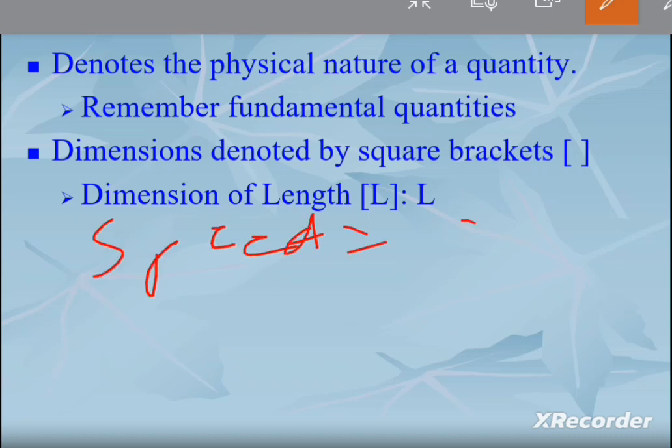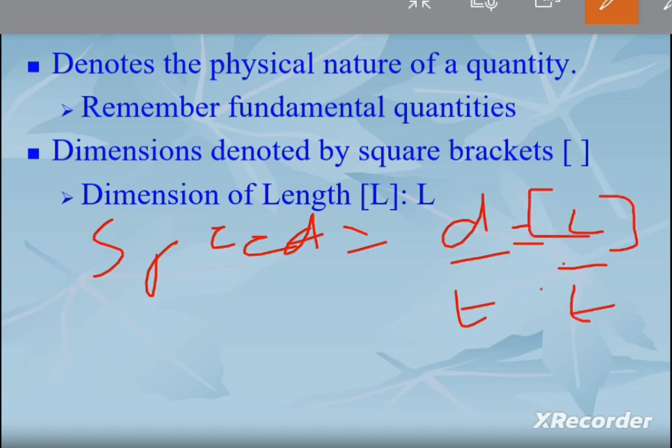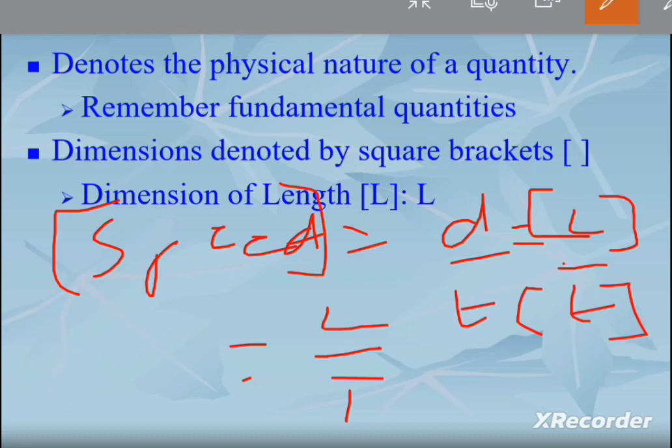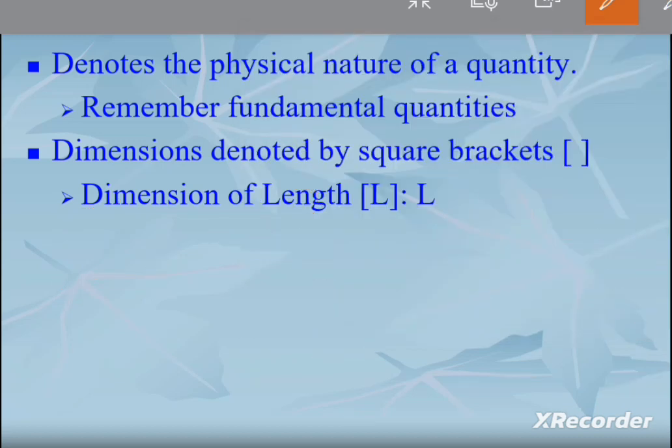Speed is equal to the distance over time. At the end, speed is length and time. I put brackets, so this means dimensions of speed. So the dimension of speed is going to be what? L over T, which is expressed as L T minus 1. You get me? I hope you are able to follow.